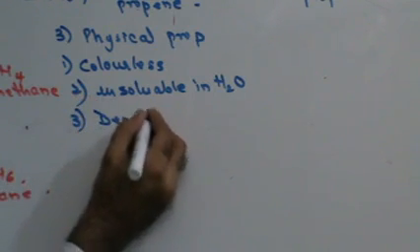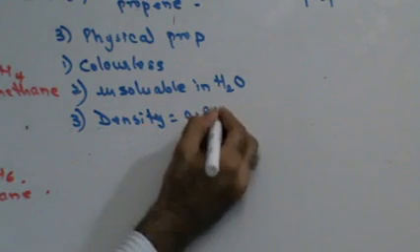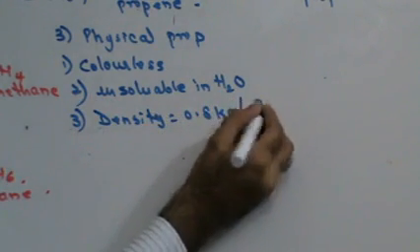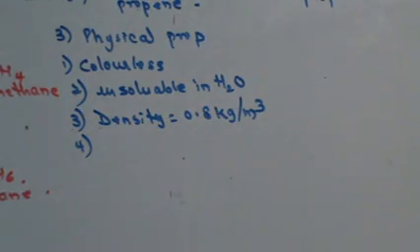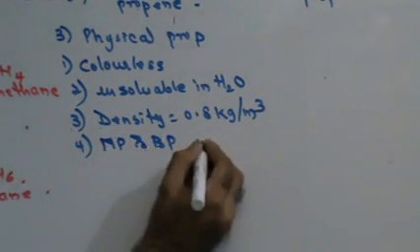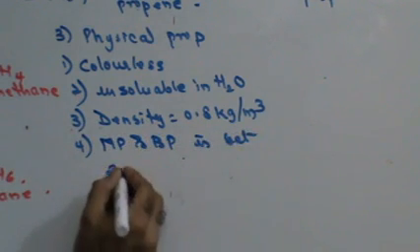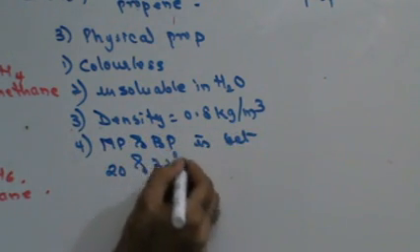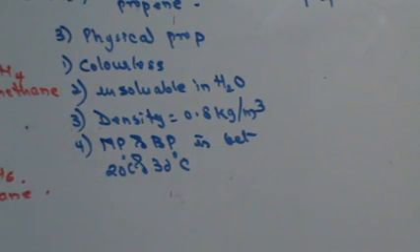Density of alkanes is 0.8 kg per meter cube, right? And the melting point and boiling point, they have a boiling point between 20 and 30 degrees centigrade, right? Fine? Okay, so these are the physical properties.